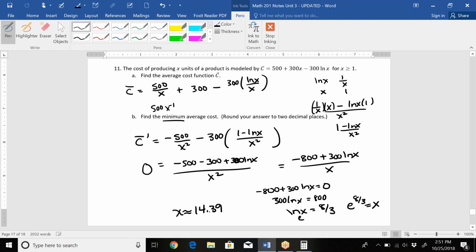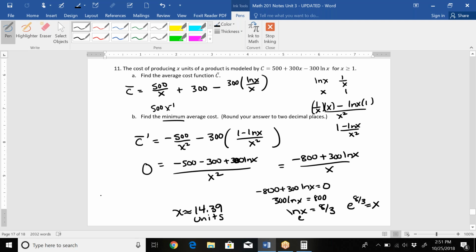Now, that may not be what we're actually looking for because X stood for the units. So it was X units. They asked us to find the minimum average cost. So once you have your units that produces a minimum, you have to plug it back into the function to find the actual cost.